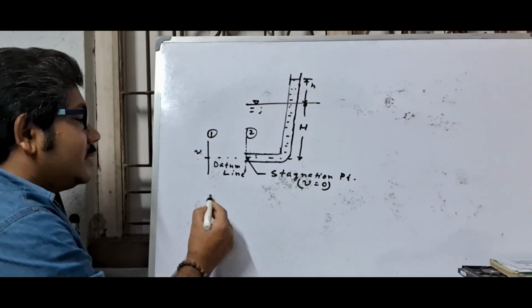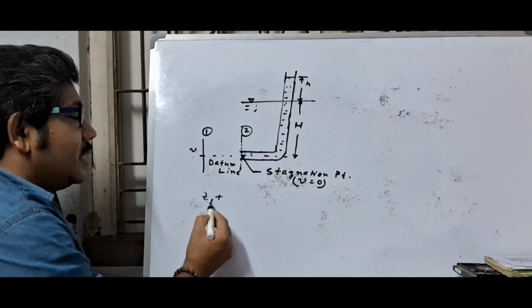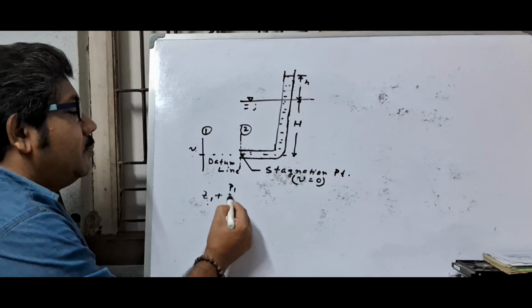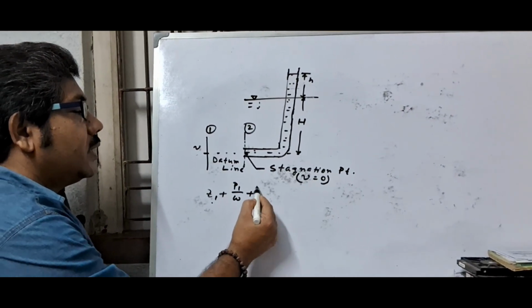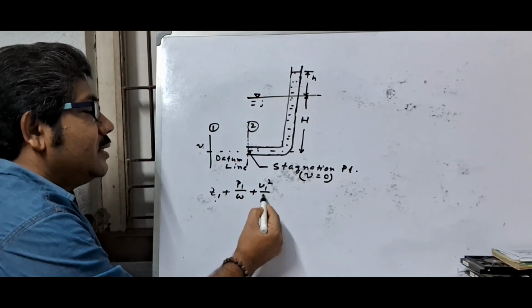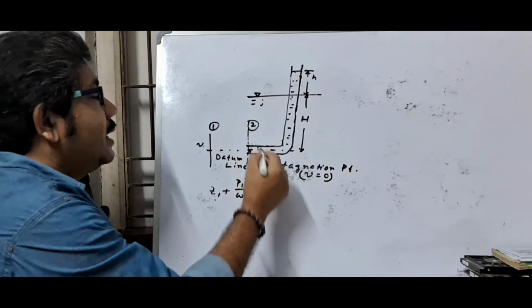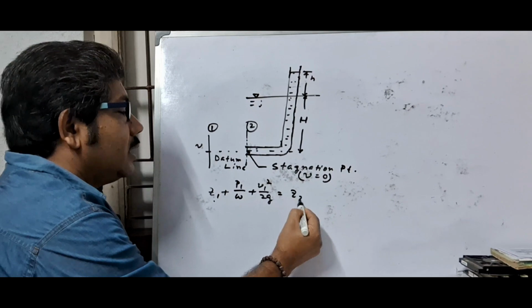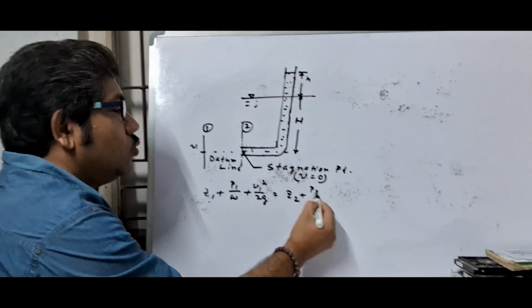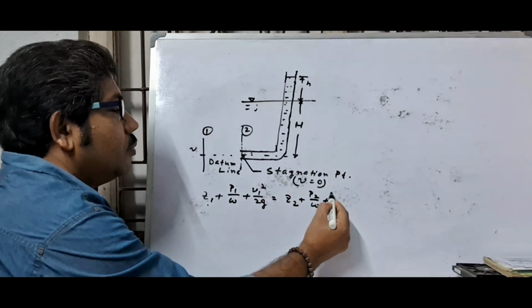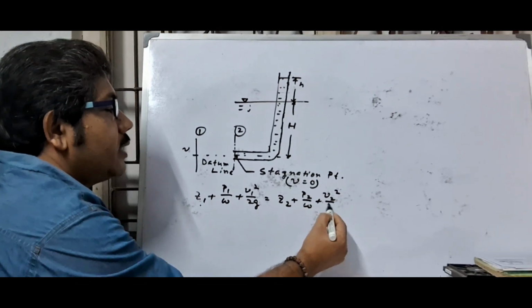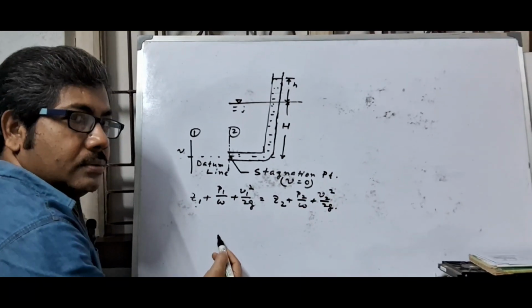Total head at 1 section, this is potential head Z1, pressure head P1 by omega, kinetic head V1 square by 2g. This is total head. And at 2 section, the total head, that is Z2, P2 by omega, V2 square by 2g.